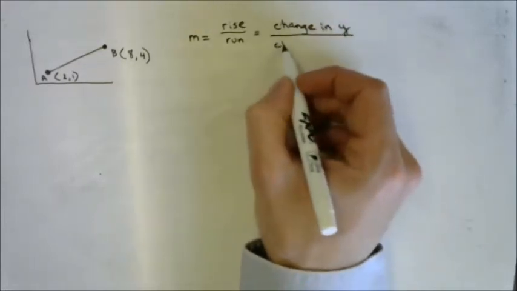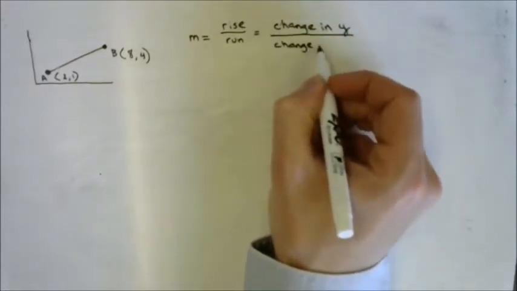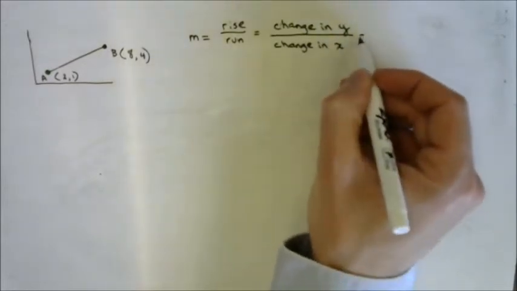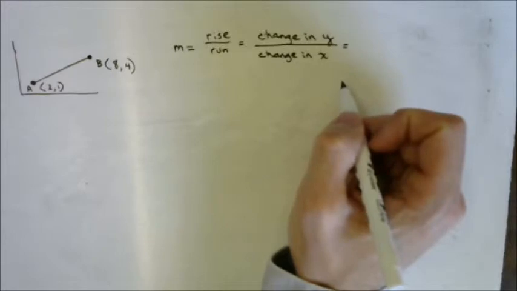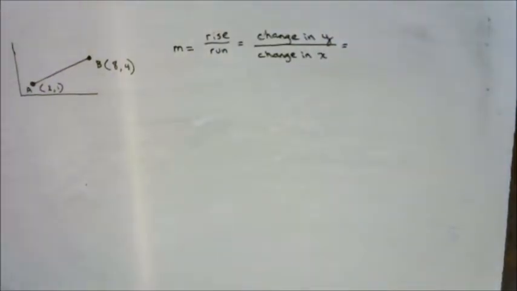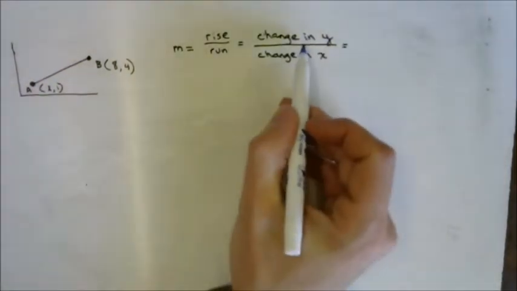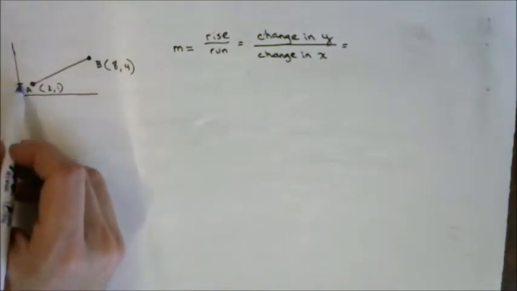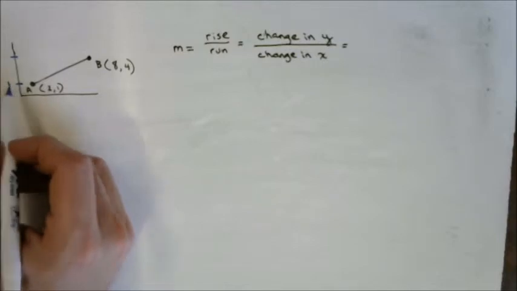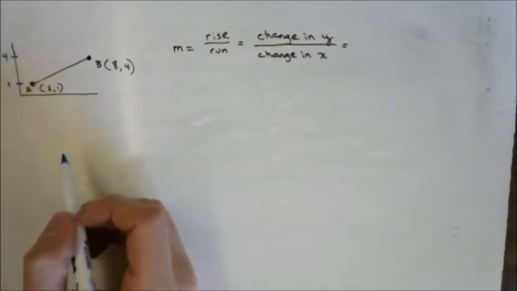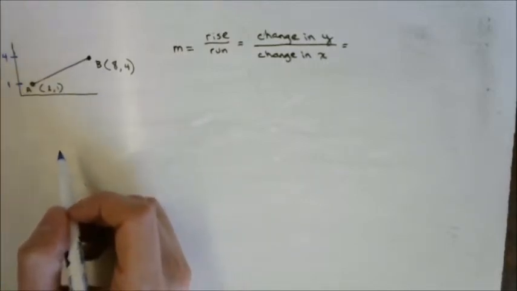The run is going to be the change in x. Does that make sense? So the rise is going to be the vertical distance between A and B, between a y value of 1 and a y value of 4. Y is the up and down.